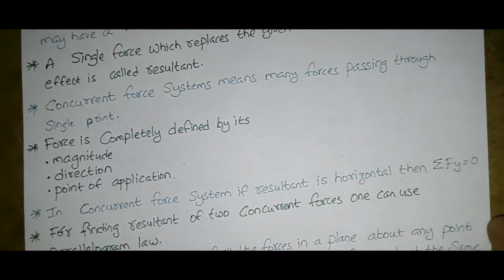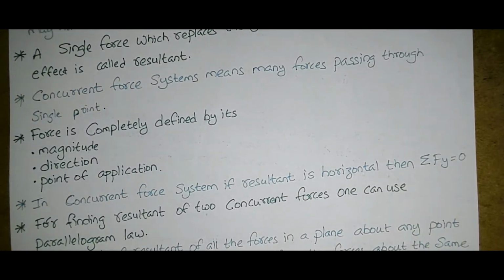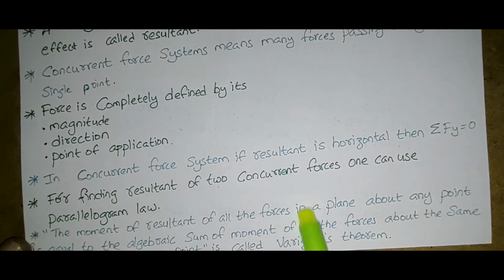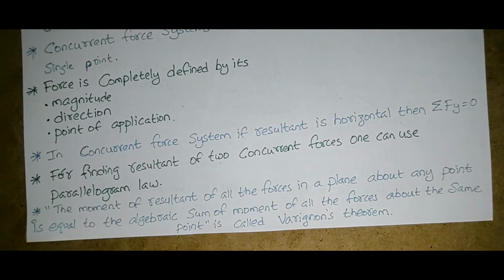For finding the resultant of two concurrent forces, one can use the parallelogram law. Next, the moment of resultant of all the forces in a plane about any point is equal to the algebraic sum of moments of all the forces about the same point, which is called Varignon's theorem. This is the statement of Varignon's theorem.